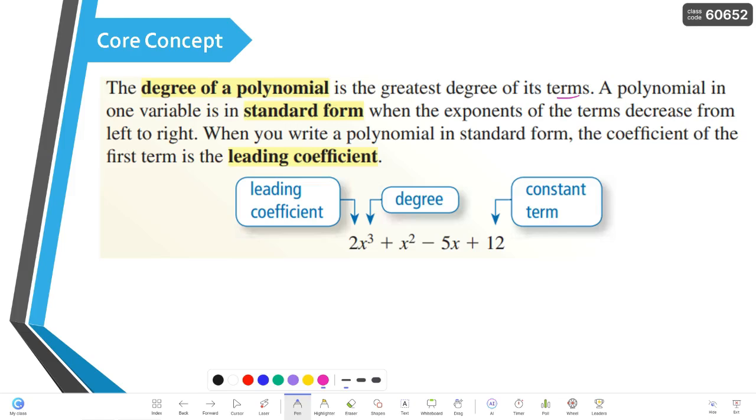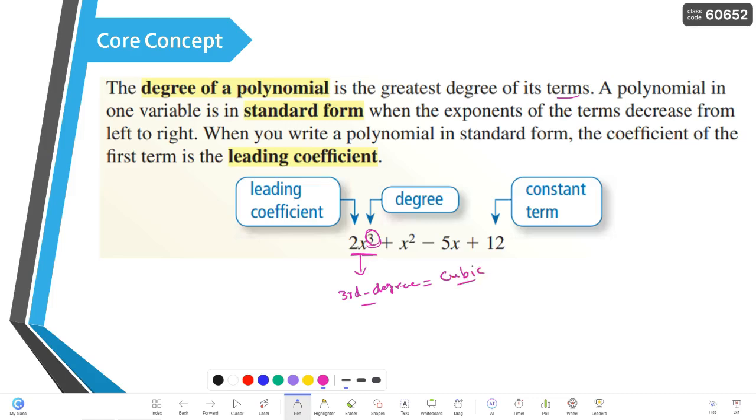Look at this expression: 2x raised to the power of 3 plus x squared minus 5x plus 12. Since the first monomial has the highest degree, which is 3, the degree of this one is the third degree, or the cubic one. The third degree has a special name, cubic polynomial.